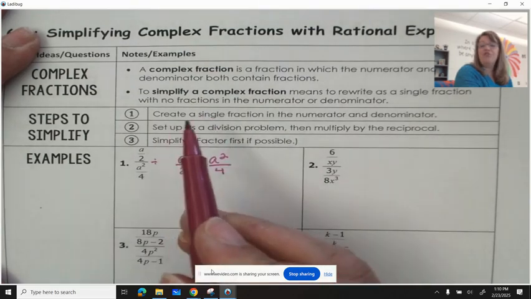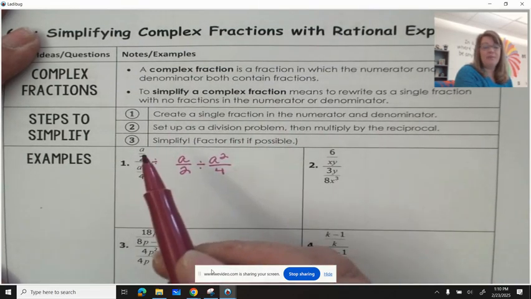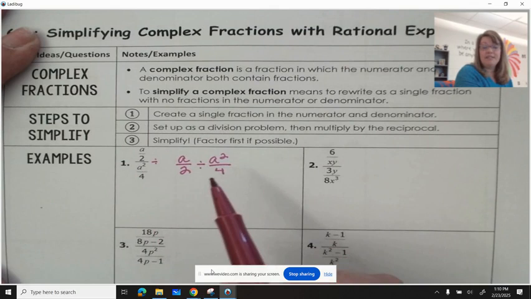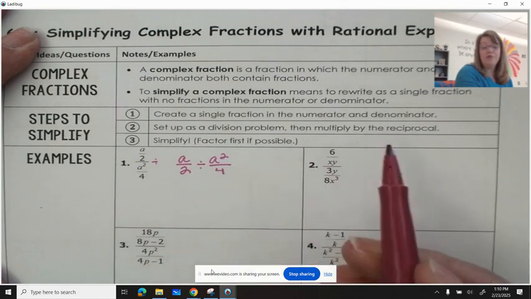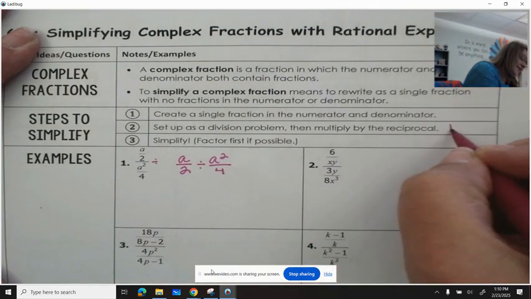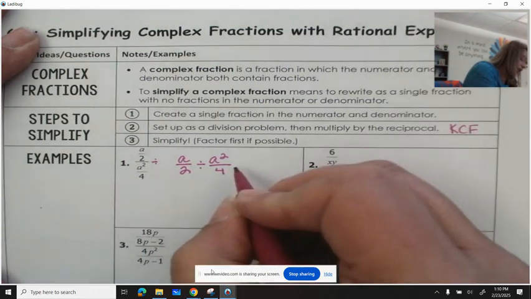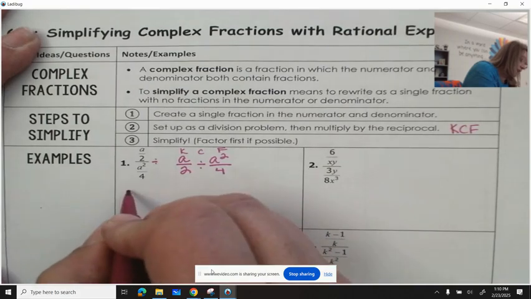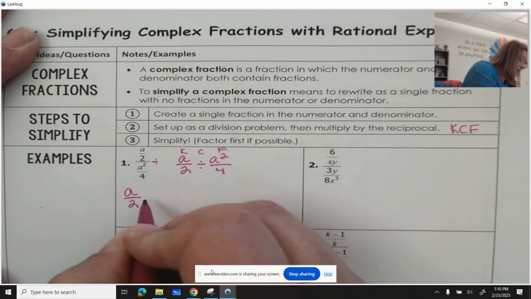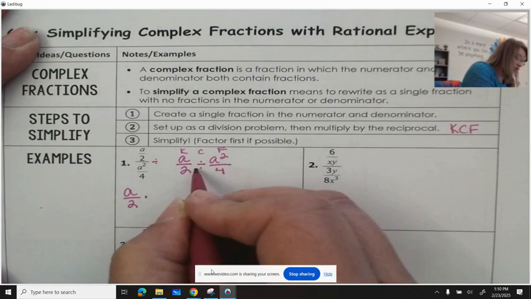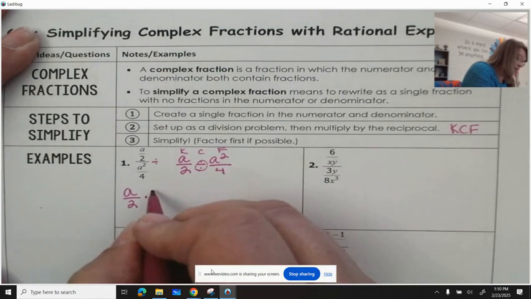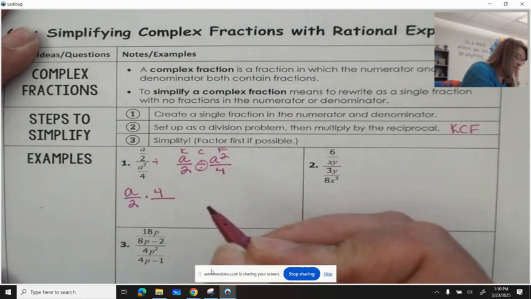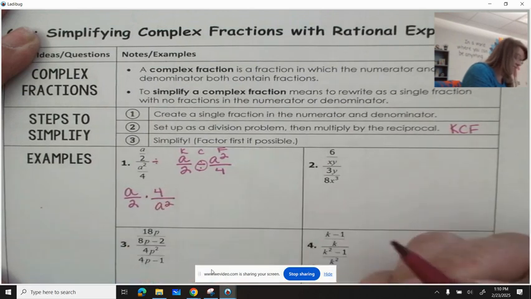Because our steps say create a single fraction in the numerator and the denominator. Done. Set up as a division problem, then multiply by the reciprocal, or what I like to say, keep, change, flip. So from this point, I'm going to keep, change, flip. I'm going to keep the a over 2. I'm going to change my sign from division to multiplication, and I'm going to flip the back one into 4 over a squared.